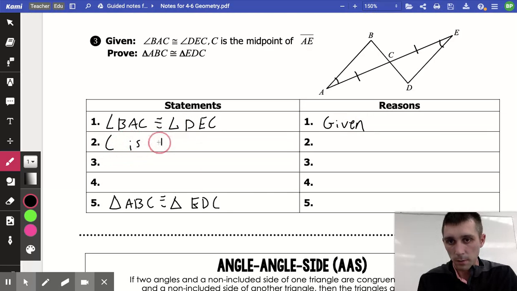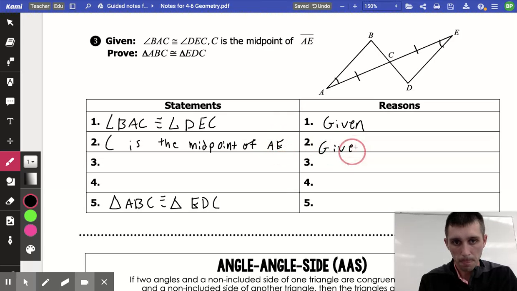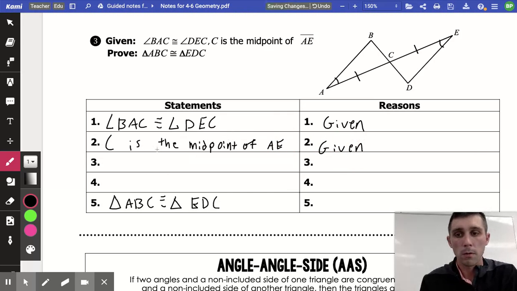C is the midpoint of AE, given. All right, now we know that C is the midpoint, so that means AE was cut in half. What are the two new sides? AC is congruent to CE. And how do we know that for sides? If we have a midpoint, that means the two parts that make up the whole are congruent, so that is the definition of midpoint.